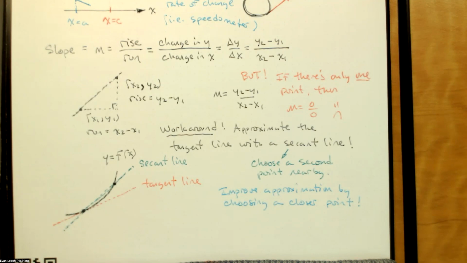The next step is the calculus thinking part. The next step is to keep doing this forever. That is, think about what happens as I move that point closer to the point we care about. What happens as this difference gets closer to 0?